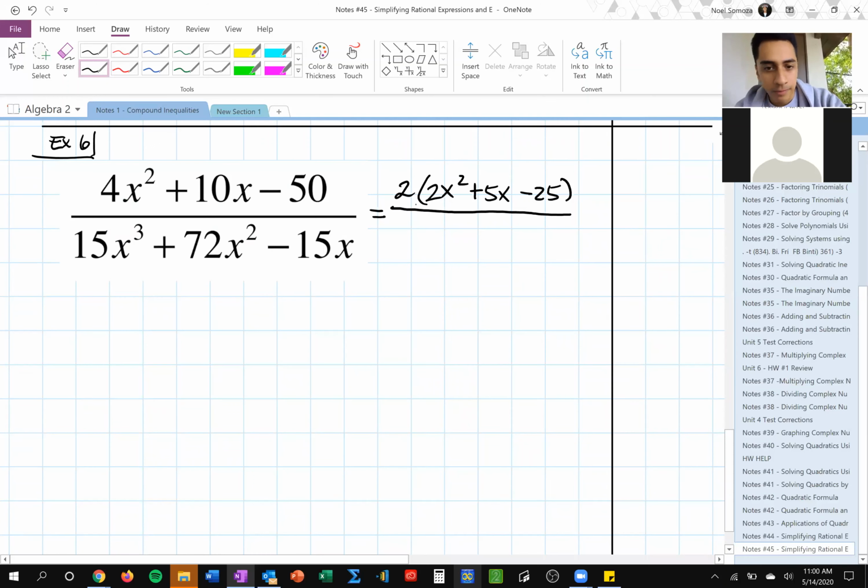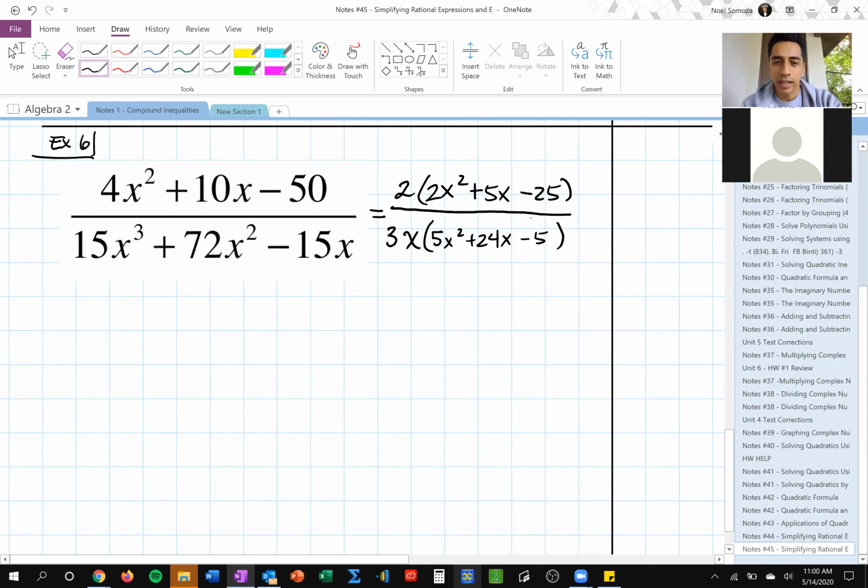In the denominator, I see they can all be factored by x at least, for sure. And then I believe between 15 and 72, we can factor out 3. So if we factor out a 3, we're left with 5x squared plus 24x minus 5.